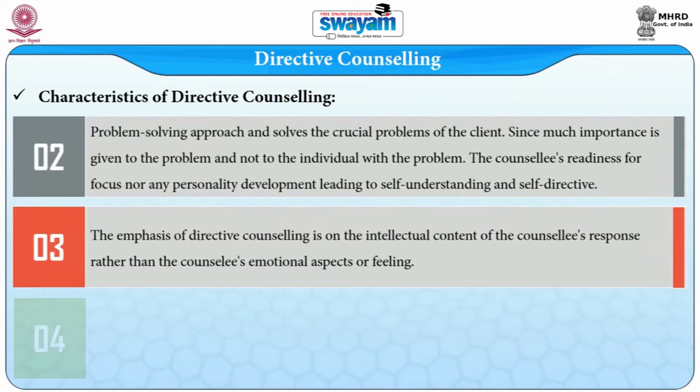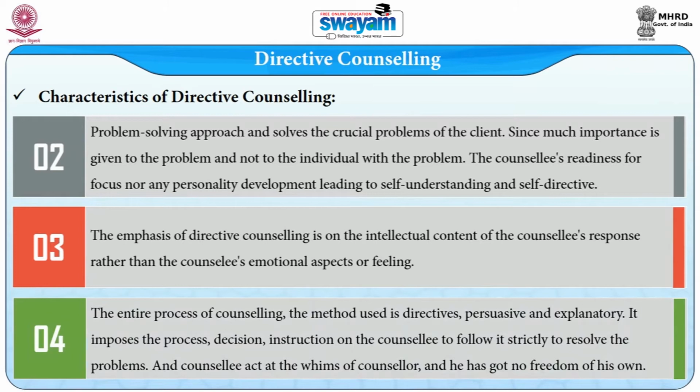Since the counselor regulates the entire process of counseling, the method used is directive, persuasive, and explanatory. It imposes the process, decision, and instruction on the counselee to follow strictly to resolve the problems, and the counselee acts at the whims of the counselor, and he has no freedom of his own during the counseling process.